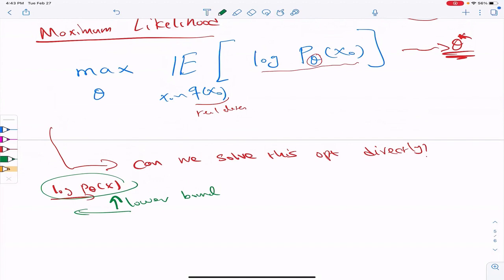We cannot directly optimize this maximum likelihood optimization process. So we need to get a proxy for the likelihood function, a lower bound on the likelihood function, in order to solve this optimization. But it is very similar. The rest is like some technicality, right? So we are going to get the lower bound, maximize the lower bound. That's it.